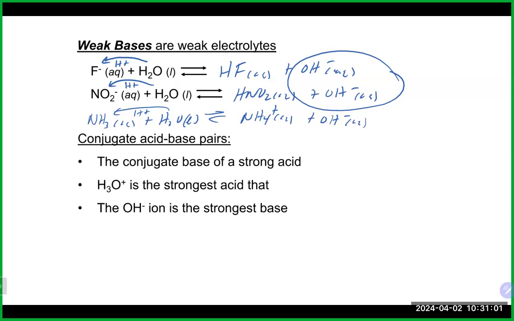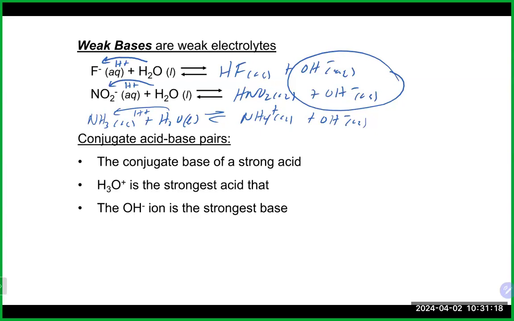Now, the relationship between acids, bases, and their conjugate partners is a really important relationship to understand, especially as we go through this chapter. It will pop up in a couple of places.